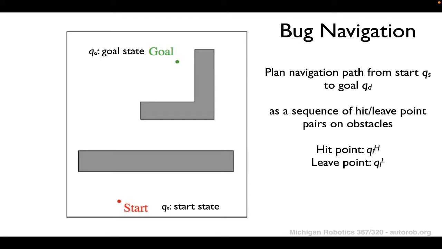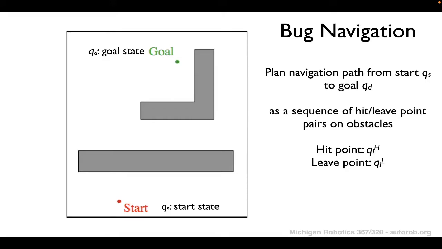And so given that setup, the purpose of these bug algorithms is going to be to navigate this two-dimensional space and to ultimately find a path that leads from some start location to a goal location. And so the setup here should be pretty familiar from our setup of the graph search algorithms.